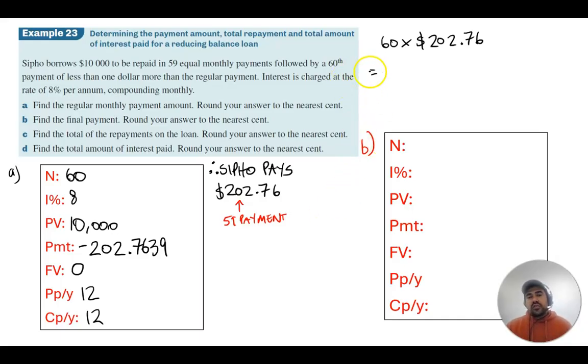So when Sifo pays 60 lots of this amount, he ends up giving the bank $12,165.60, where $2,165.60 of this is going towards interest. Now, let's say that this amount here, $202.76, is what's being paid.